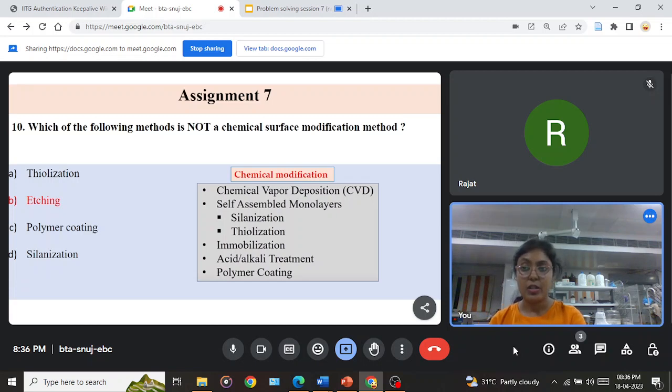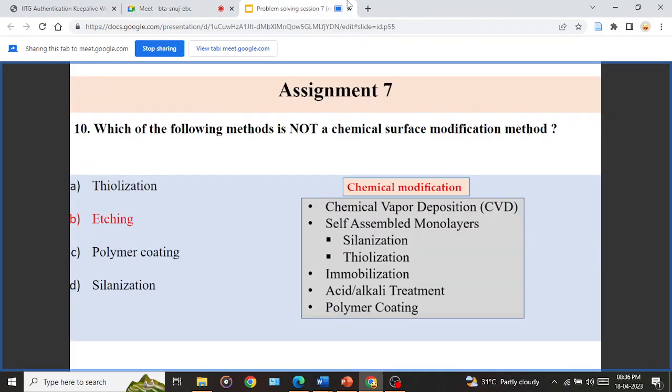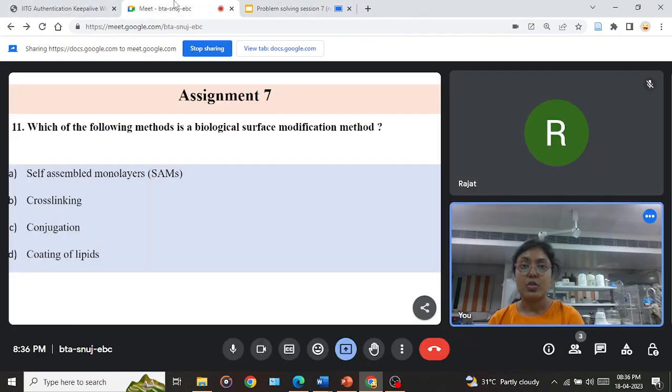Question number 11. Again, we have a similar question. Which of the following methods is a biological surface modification method? The options given are A, self-assembled monolayers, B, cross-linking, C, conjugation, and D, coating of lipids.